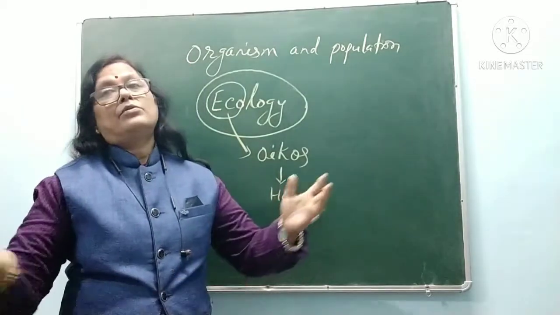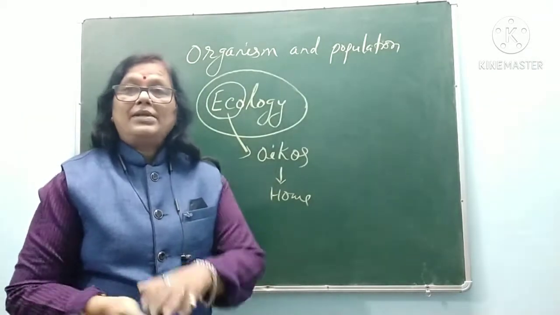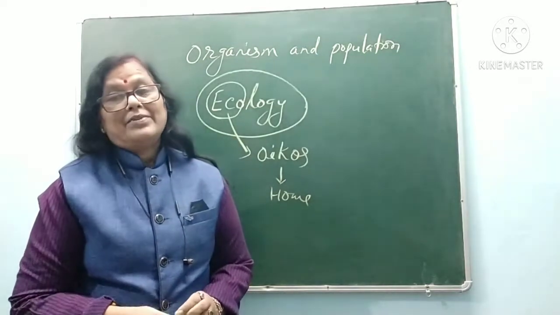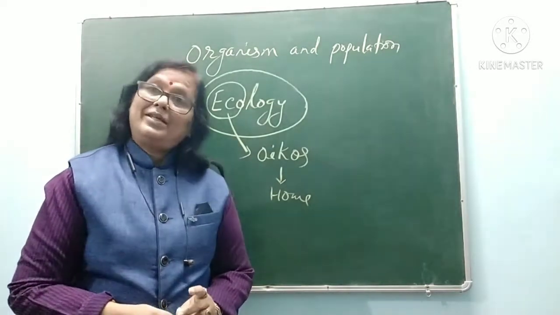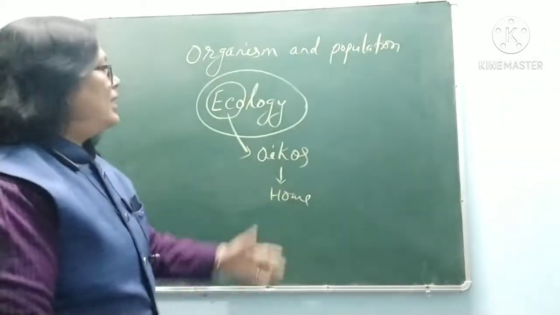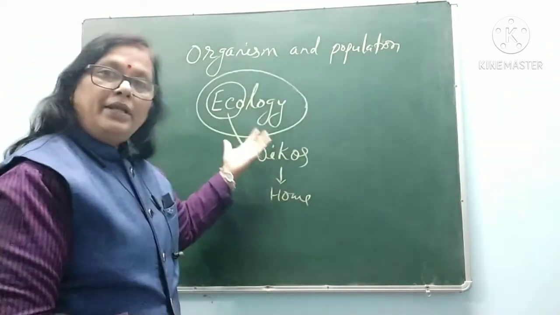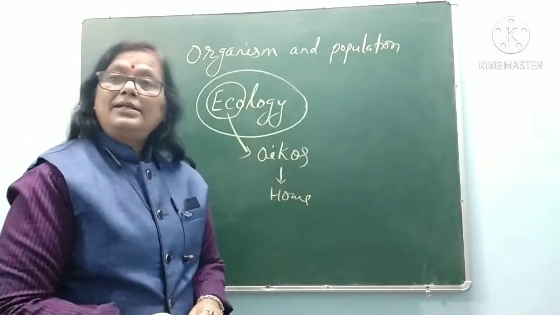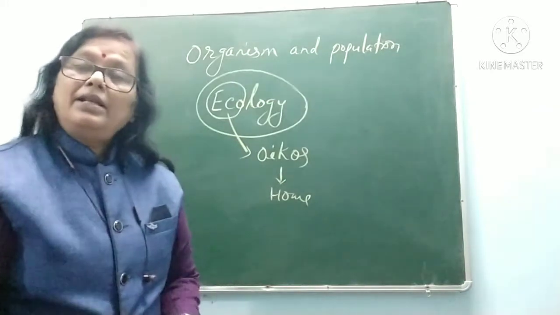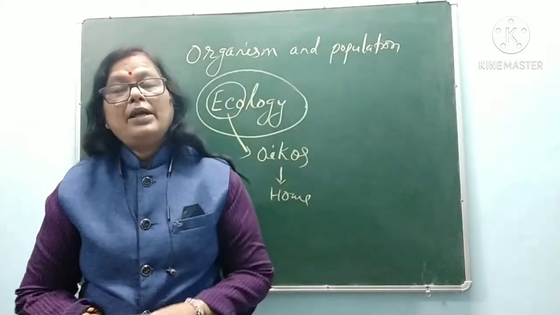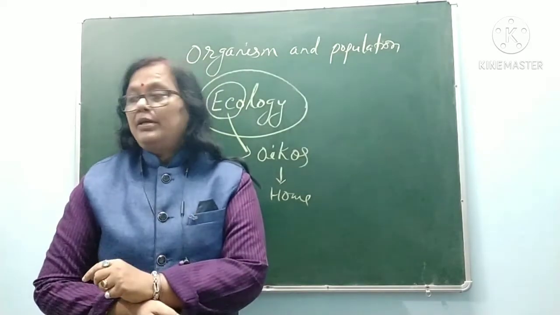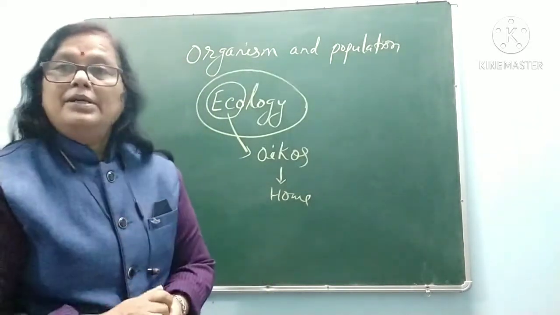We interact with so many relatives, as well as some other living organisms, as well as with non-living things. The same story is with ecology. In ecology, we study the interaction between living and non-living, as well as the interaction between living and living. So this is a very important chapter.